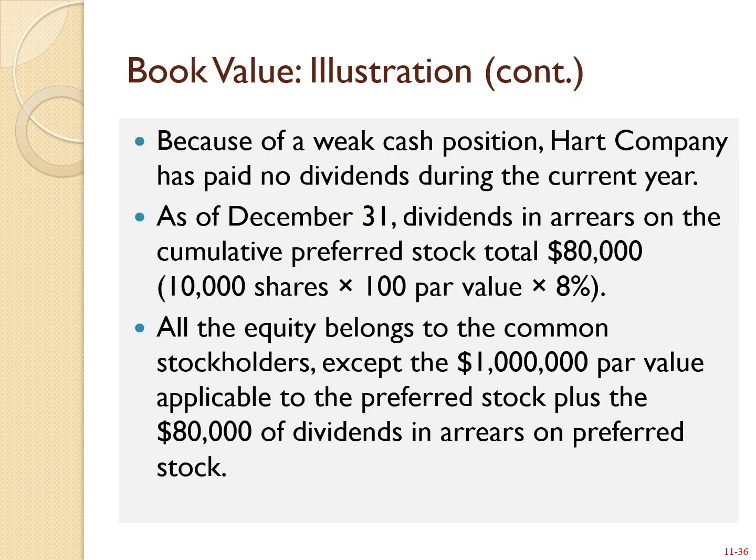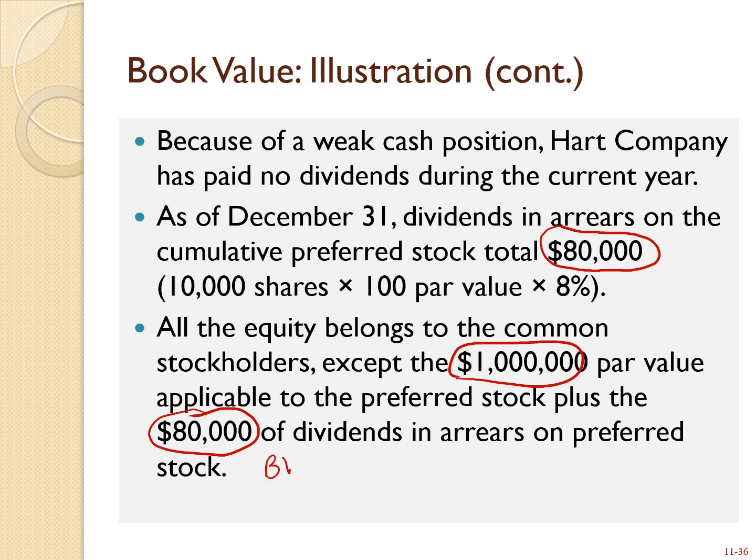Because of a weak cash position, the company paid no dividends during the current year. As of December 31, dividends in arrears on the cumulative preferred stock total $80,000. All equity belongs to common stockholders except the $1 million par value and the $80,000 dividends in arrears.